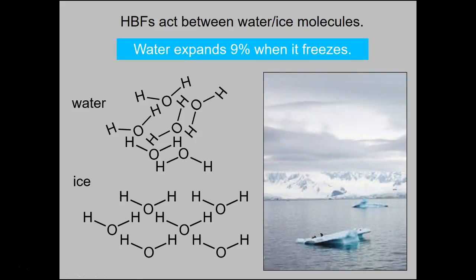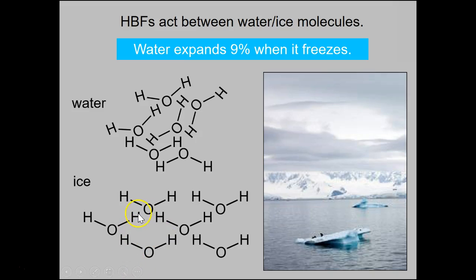Water expands when it freezes, which means that water as a solid has more volume than water as a liquid, simply because of hydrogen bonding. We can only get so close together and be packed right because of HBFs, hydrogen bonding forces.